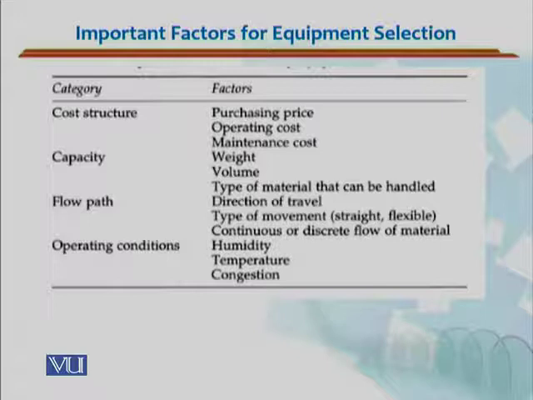For example, in a cold storage, I have to maintain the temperature. A specific temperature needs to be maintained for a proper storage of your product, and even the equipment that would be taking it from one station to another station, workstation, would actually require to maintain that temperature as well. And of course, the congestion, whether it becomes congested or not, that would be an important criterion as well.